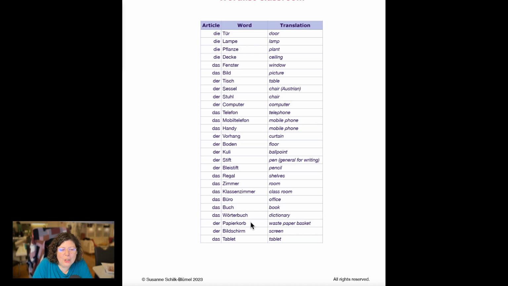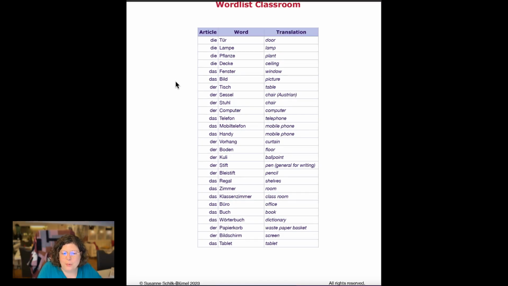Der Papierkorb. Der Bildschirm. Das Tablet.